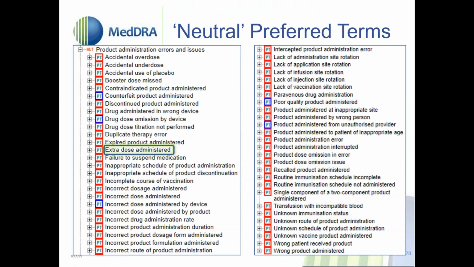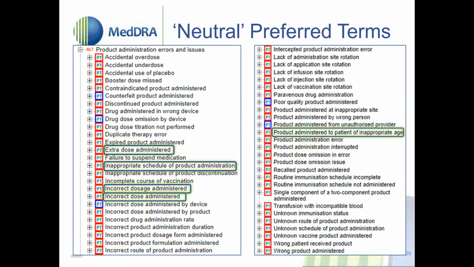For instance, extra dose administered doesn't contain the information whether this was accidental or intentional, or inappropriate schedule of product administration, incorrect dose administered, product administered to patient of inappropriate age, or product administration interrupted, or product dose omission issue. Again, a vague term, but more specific than the ones that we saw before.